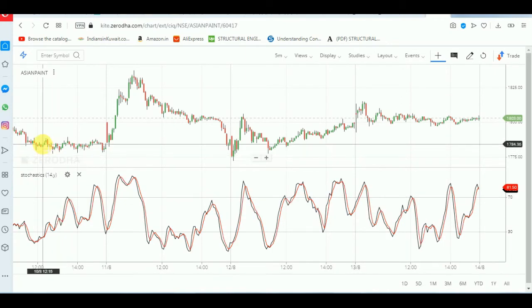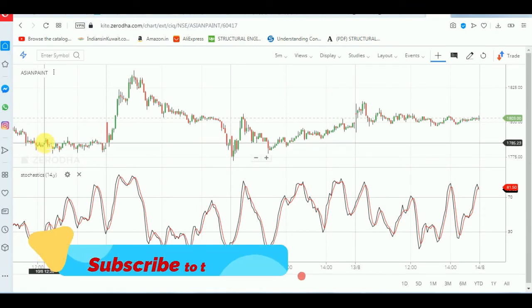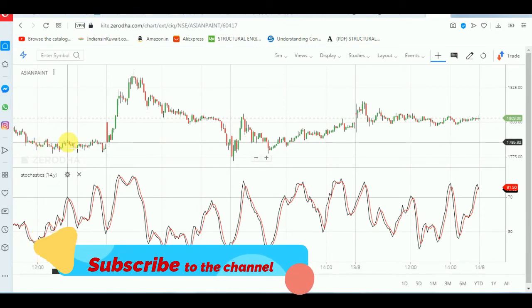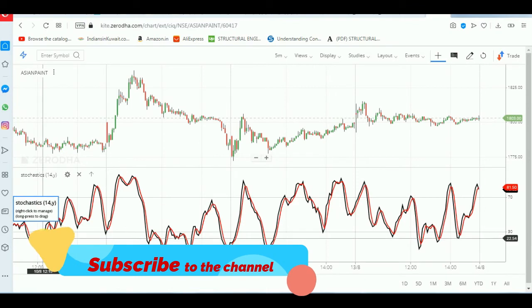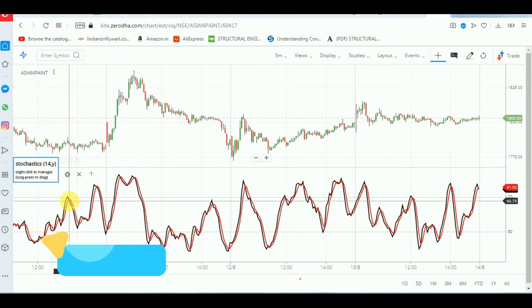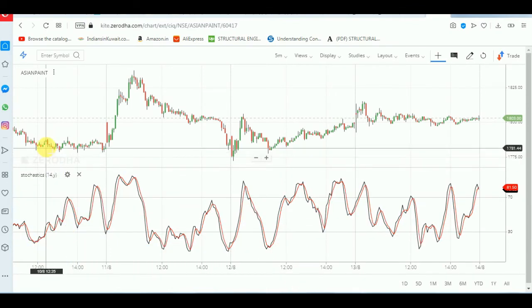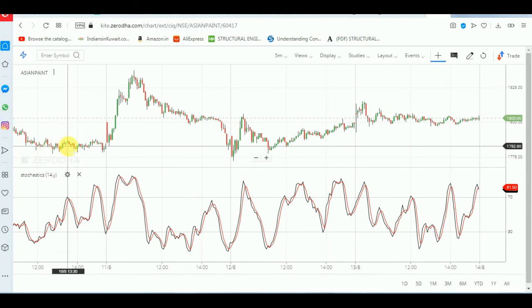So if suppose one trader enters in this region, from oversold to overbought position, from here to here, you cannot see any movement in the price, right? So it is better to avoid. If stochastic is having so much disturbance, then traders should not enter a particular position.